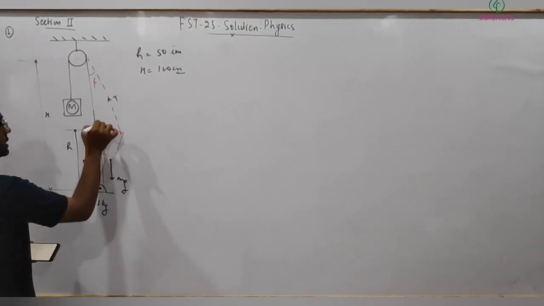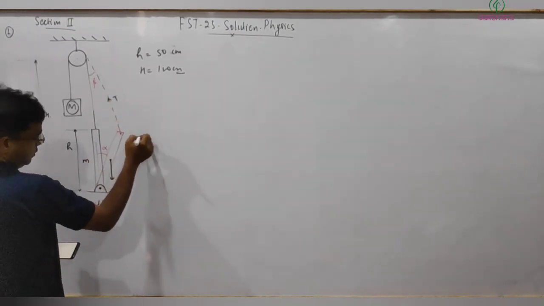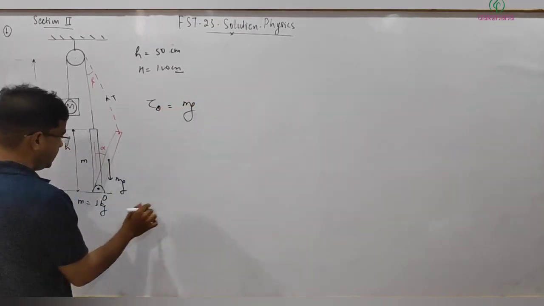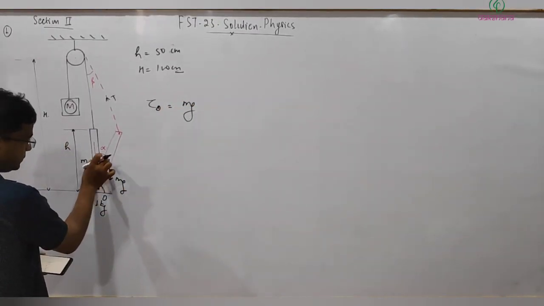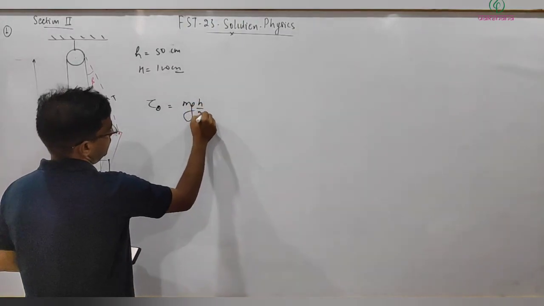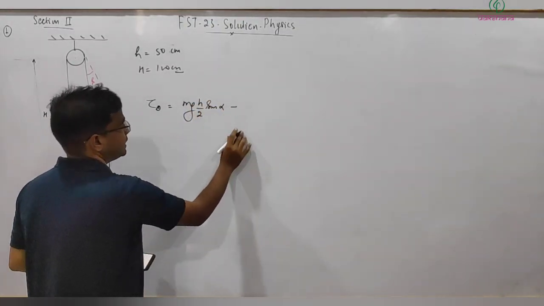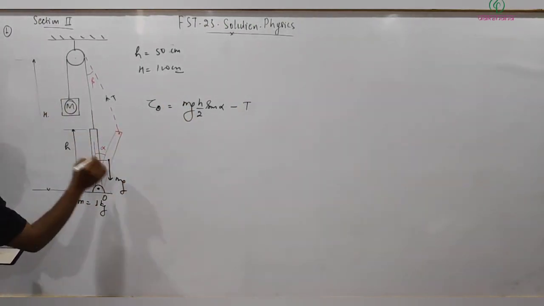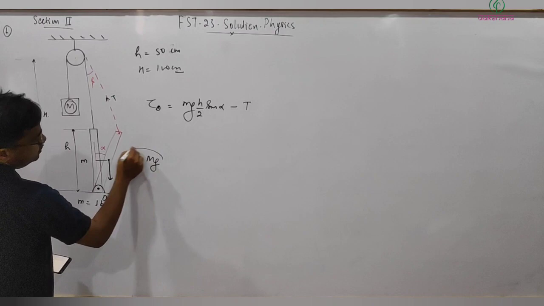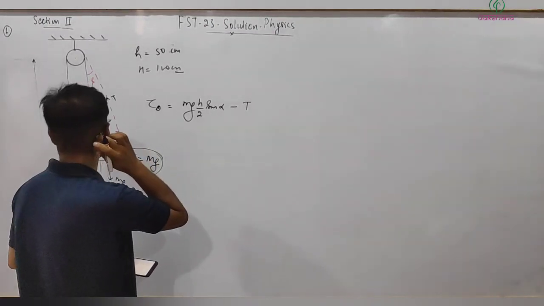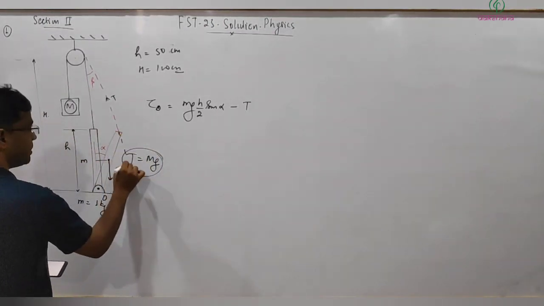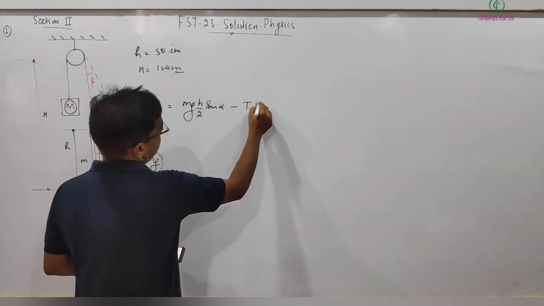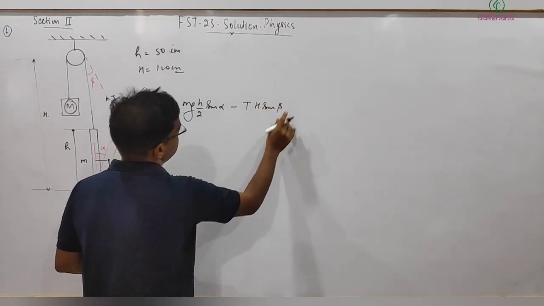So this is alpha, this is beta, then torque tau about this point O is mg into the perpendicular distance h by 2 into sine of alpha, minus tension T, where T is equal to capital M into g, times the perpendicular distance, which is capital H into sine of beta.